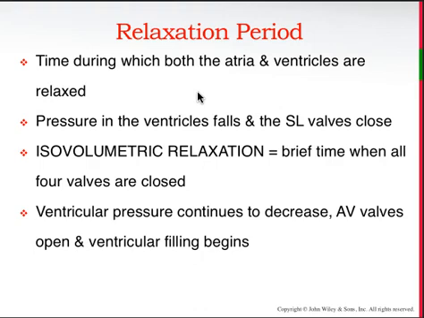So really what the heart does is decrease its relaxation period as the rate increases. It doesn't significantly affect the duration of systole or diastole. Those stay pretty consistent, but what actually takes the hit is the relaxation period.